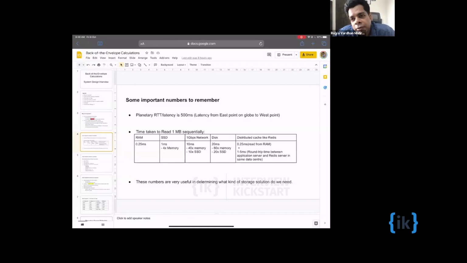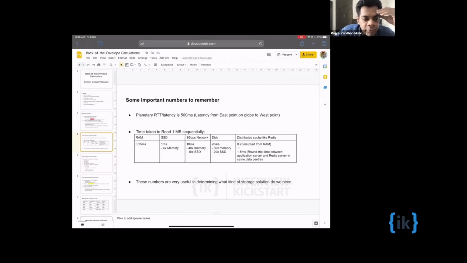Let's say you are in the middle of a question and you are deciding whether you are going to store that data in RAM in a Redis kind of in-memory store, or you are going to put it in a Cassandra kind of database which is SSD backed, or you are going to do it in the old style and put it in some kind of disk-based data structure. So that's where these numbers are quite important.